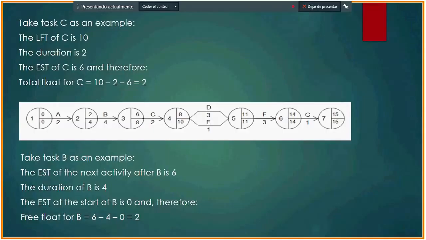The duration of task C is 2, and the IST of C is 6, and therefore the total float for task C is equal to 10 minus 2 minus 6, which is equal to 2.